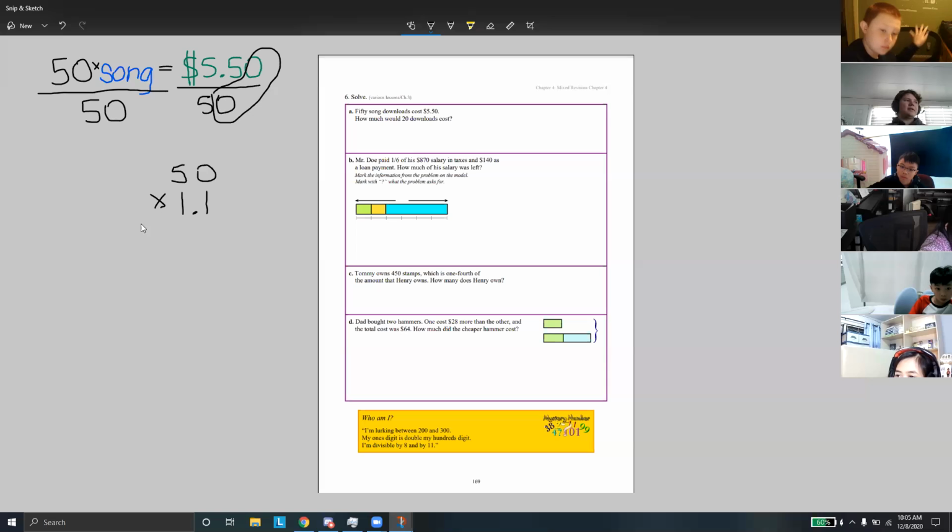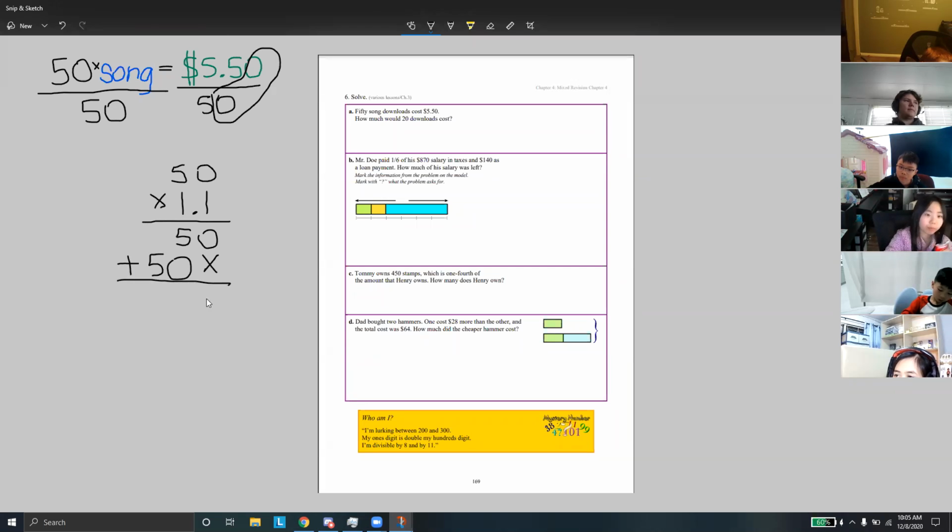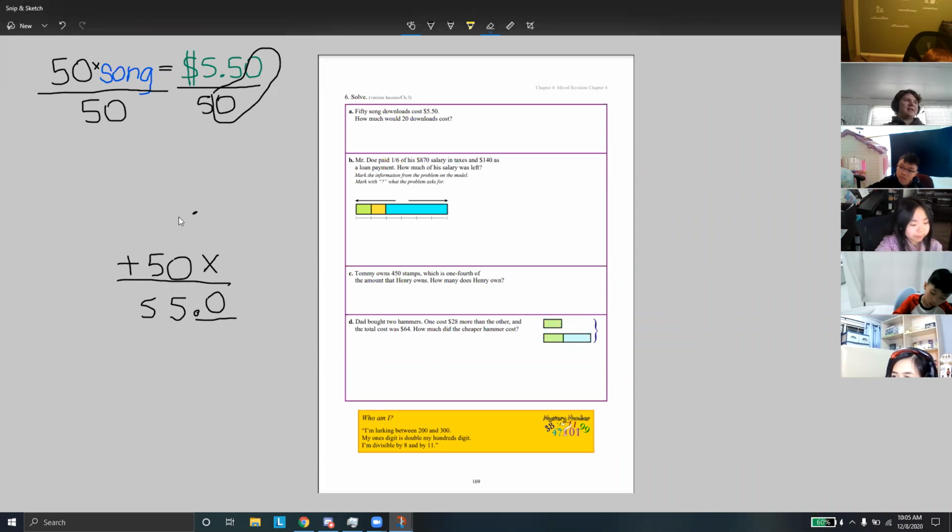We could double check. 1 times 0 is 0. 1 times 5 is 5. Ooh, that's not going to be it. We need one more decimal, right? How about we just go ahead and divide it? That's fine.